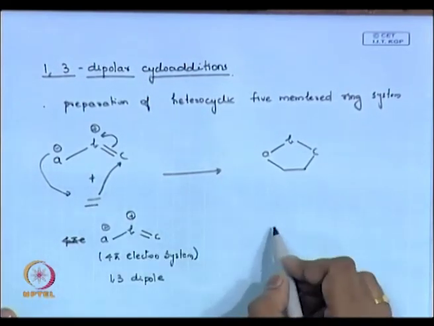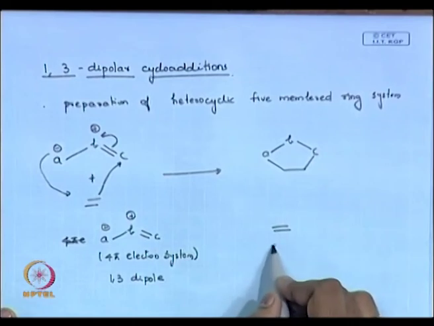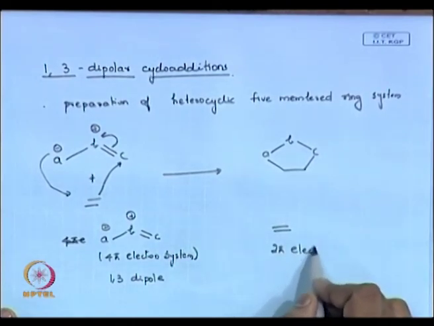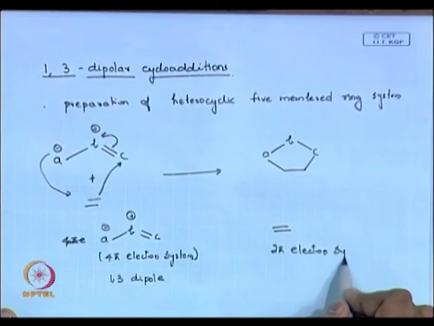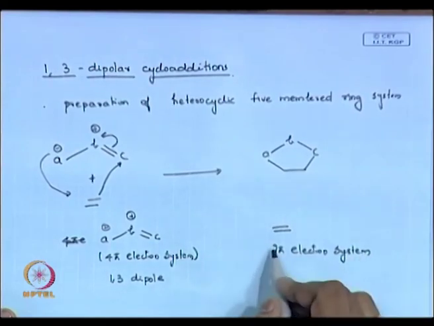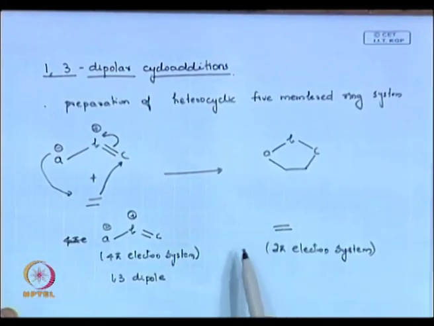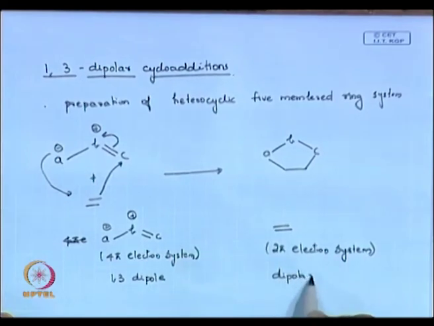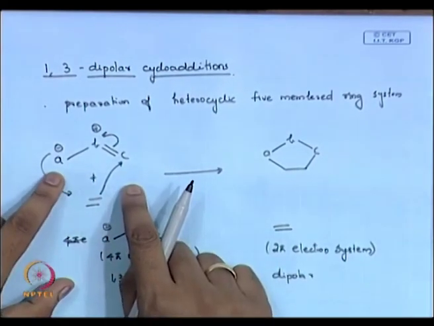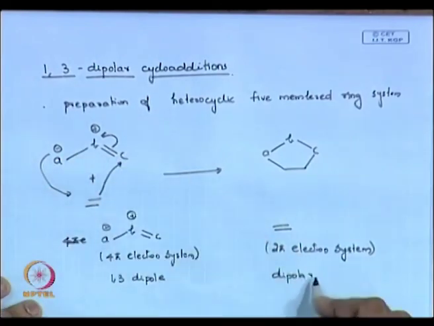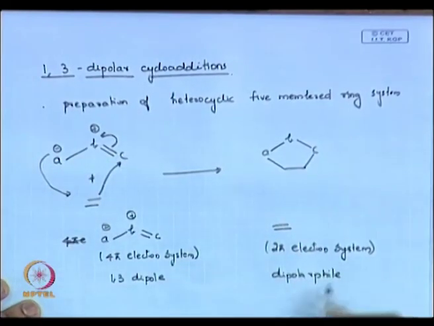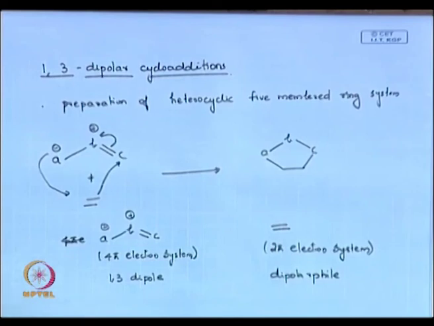And this particular alkene is a 2 pi electron system. What do you call it? Normally we call it a dienophile. In this reaction we call it a dipolarophile, because the other partner is a dipole. So this is your 1,3 dipole, this is your dipolarophile.